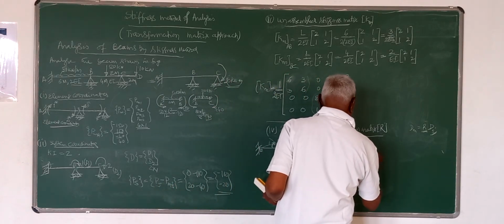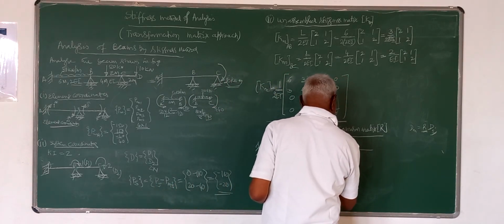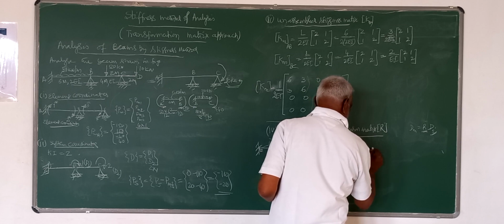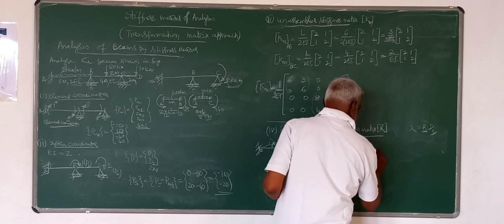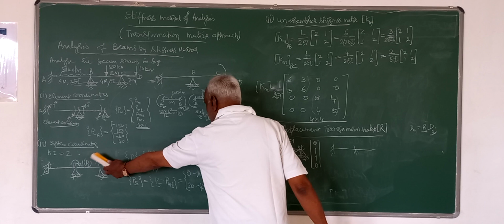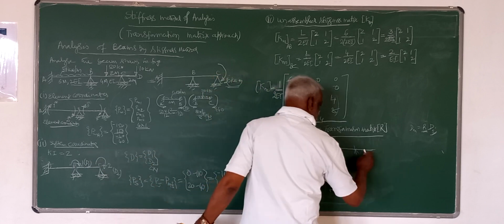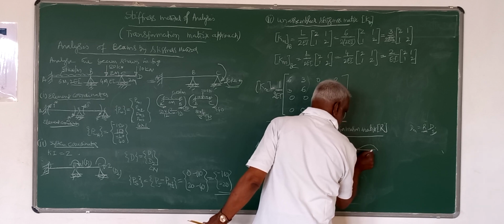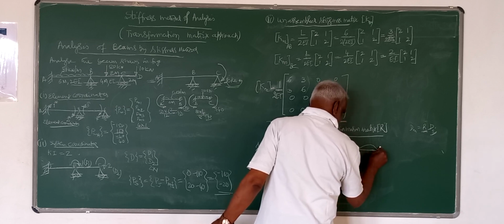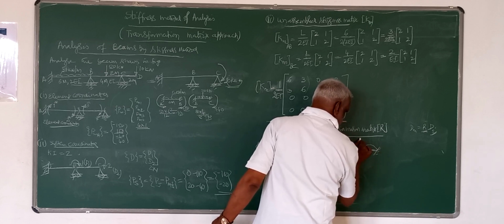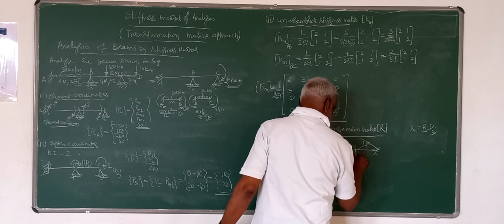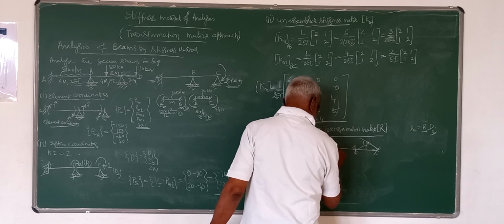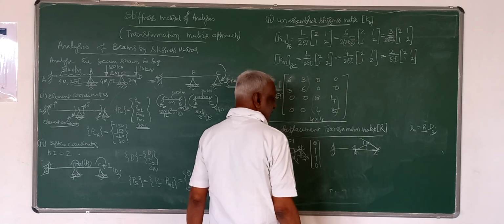Then you have to apply the same displacement along global coordinate 2. That means we have to apply a unit displacement in this direction, keeping all others 0, and at A we have to keep it fixed.